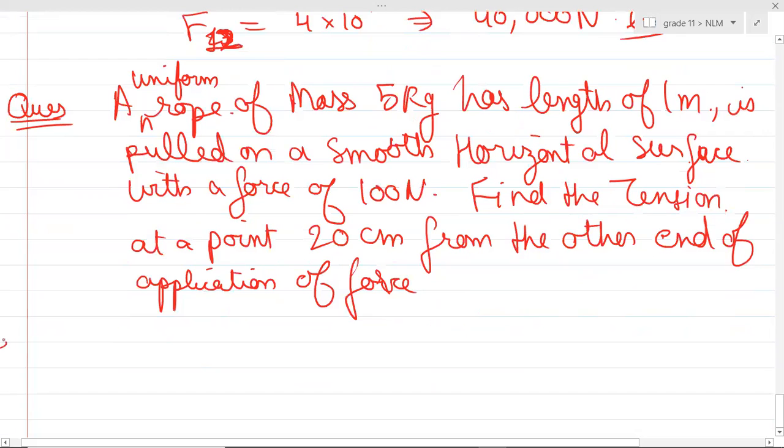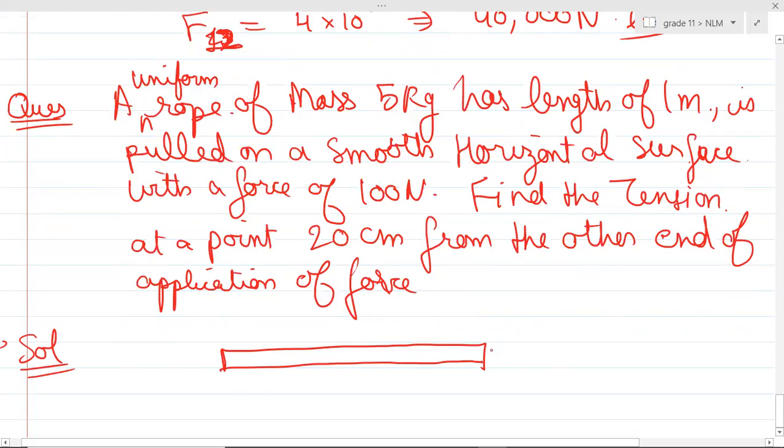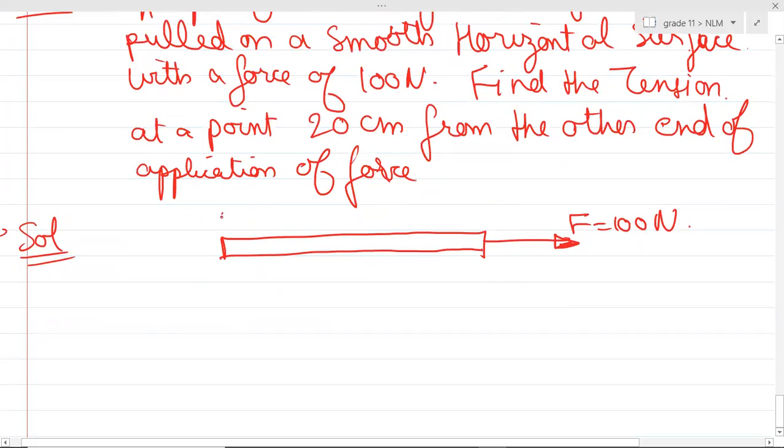Basically, what are they asking? Suppose this is a uniform rope of mass 5 kg and this force is pulled with a 100 Newton force. So they are asking from the other end, what is the tension at a point 20 centimeter from the other end? So how will you do this question?